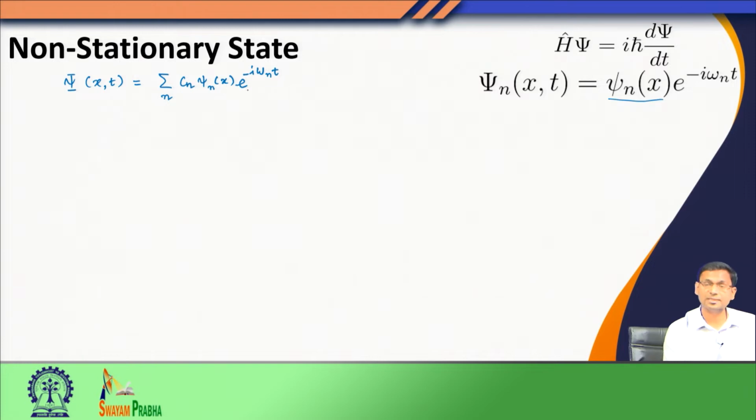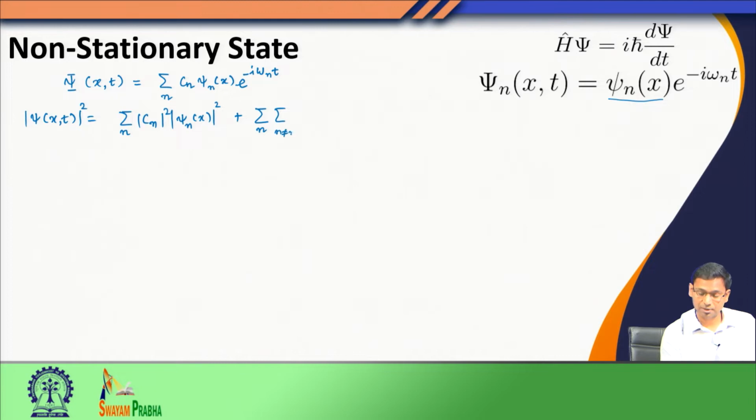So, we have this expression. When we write down psi star psi, we would see that we have first some terms which are independent of time, and then some other terms which have explicit dependence on time.